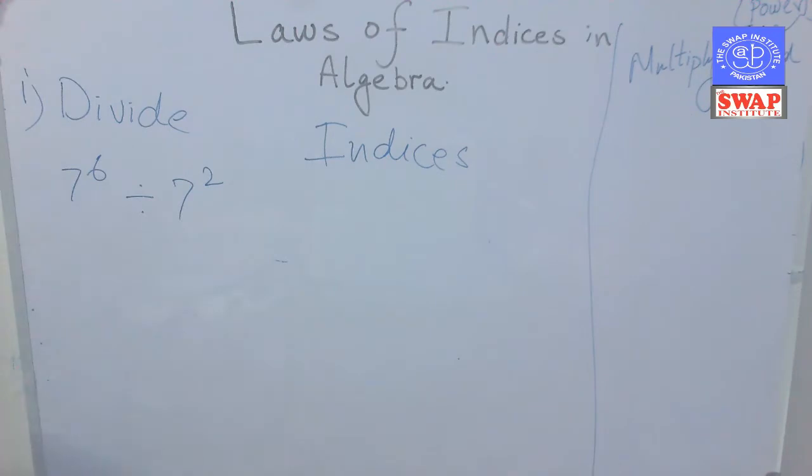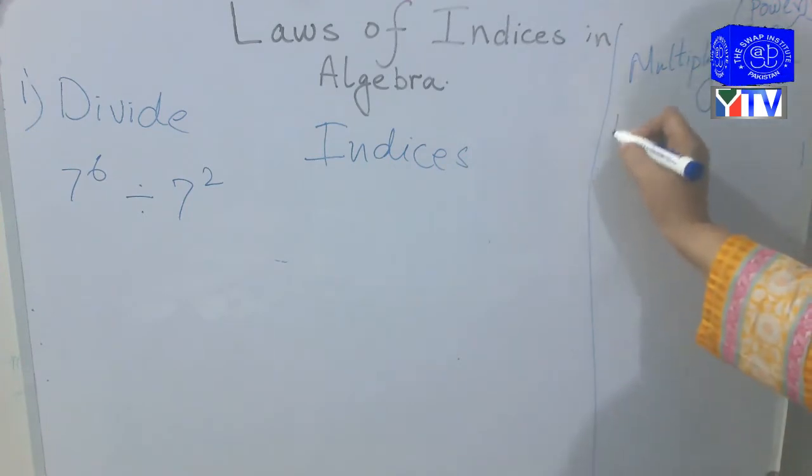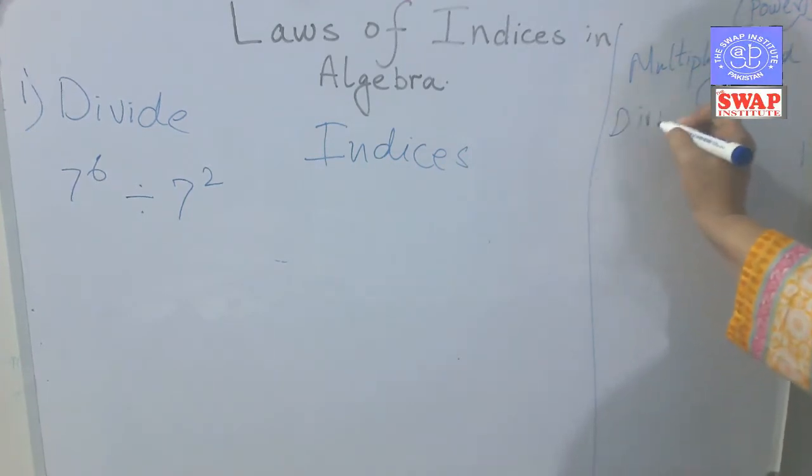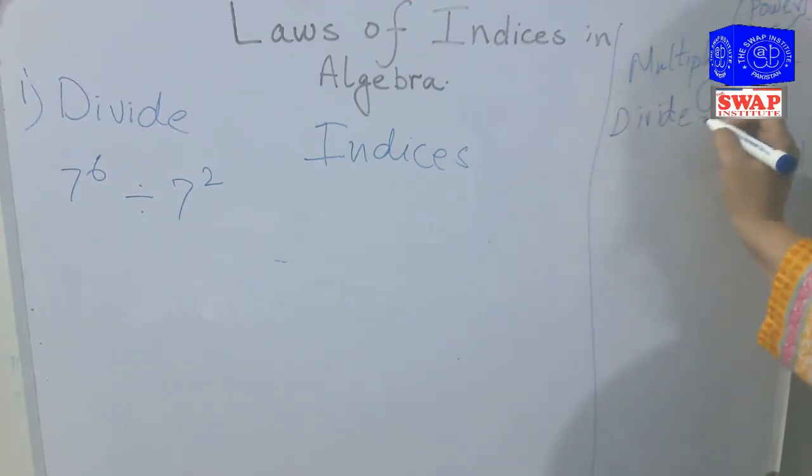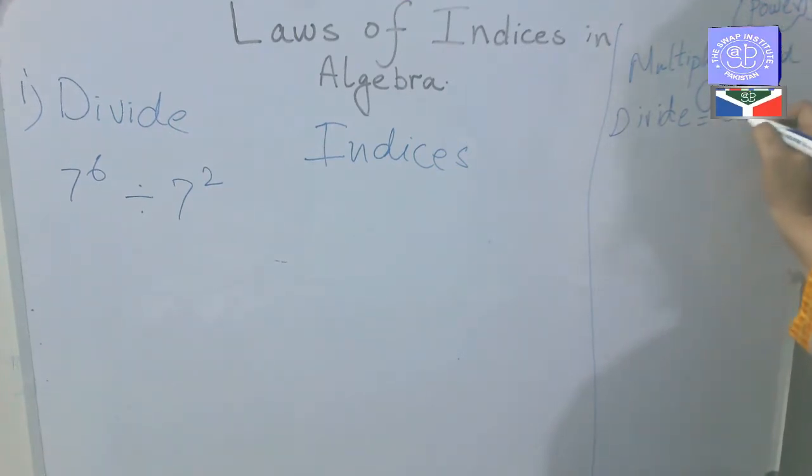When we were multiplying indices, we added the powers. Now that we are dividing the indices, we will subtract the powers.